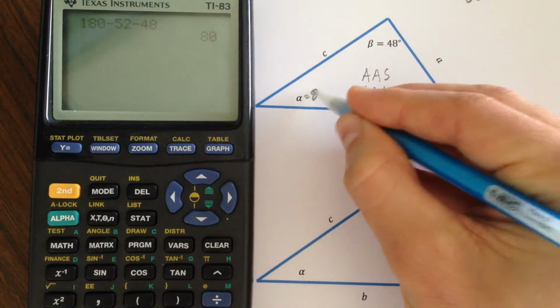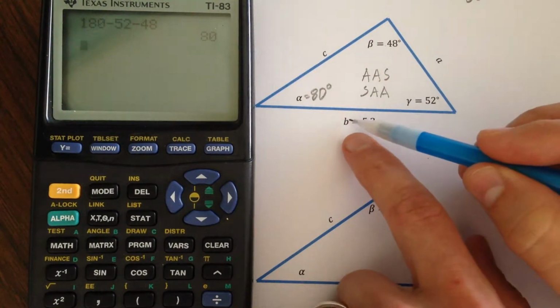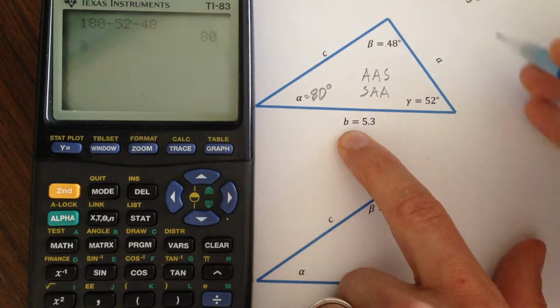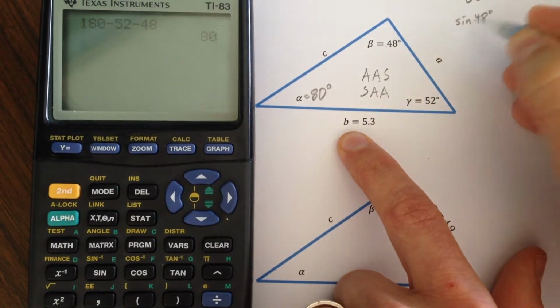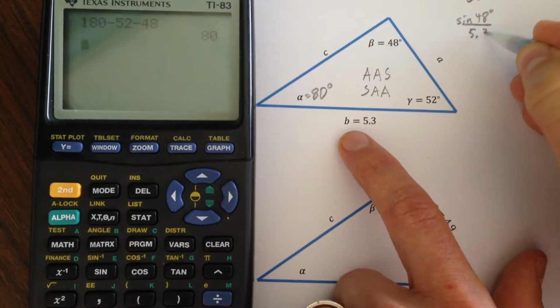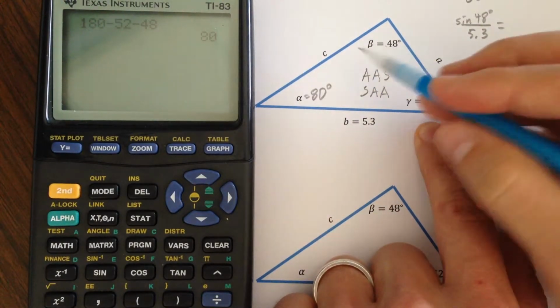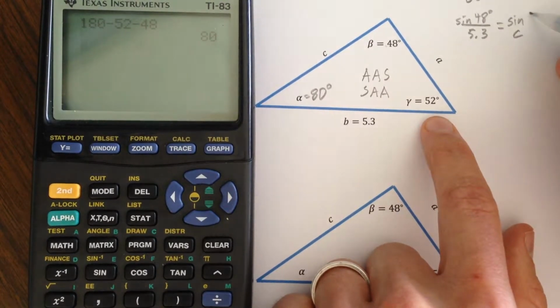Once I have 80 degrees, then I'm going to look for a side and angle pair that I know. So sine of 48 degrees over 5.3, and then a side angle pair where I don't know something. So here I don't happen to know C, but I do know that this angle is 52.